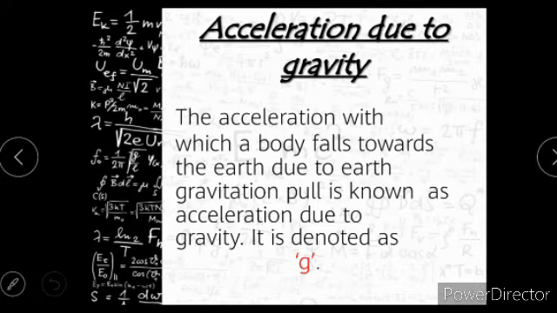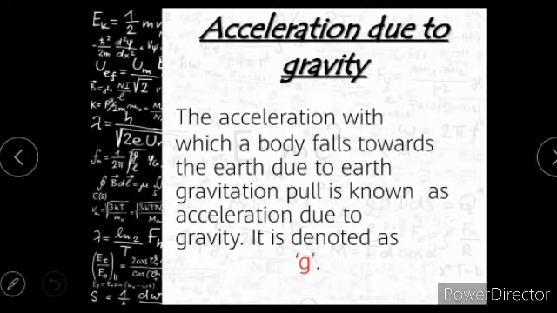For example, if you take a pen in your hand and simply leave it, then with some speed it will fall towards the earth. That speed is known as acceleration due to gravity, which is denoted by small g.